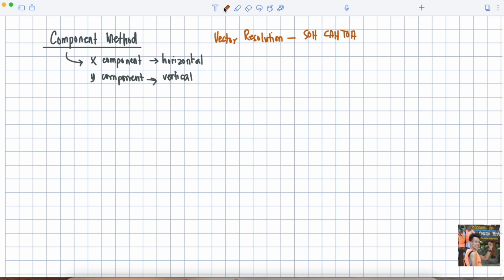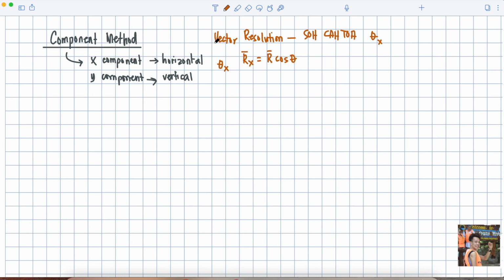And an easier computation of the components of the vector may be done when we measure the angle of the vector due x-axis. Now, if the angle is measured due x, then the x component of the vector, Rx, is equal to R cosine theta.